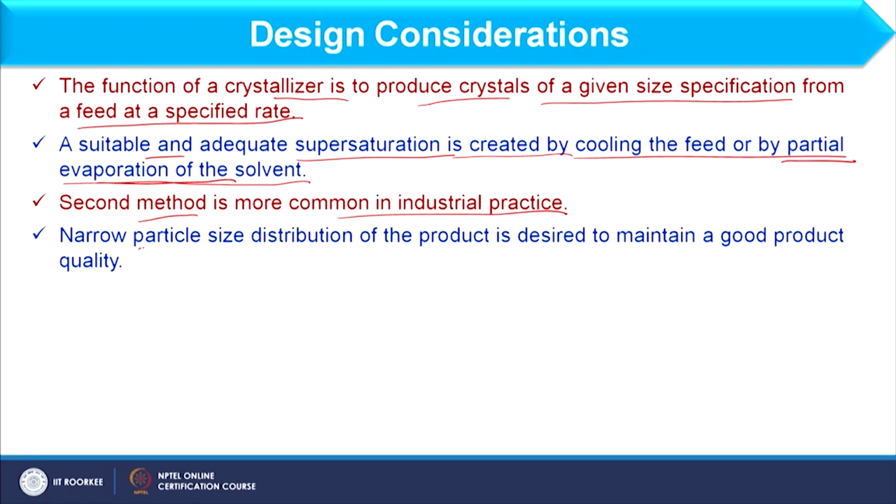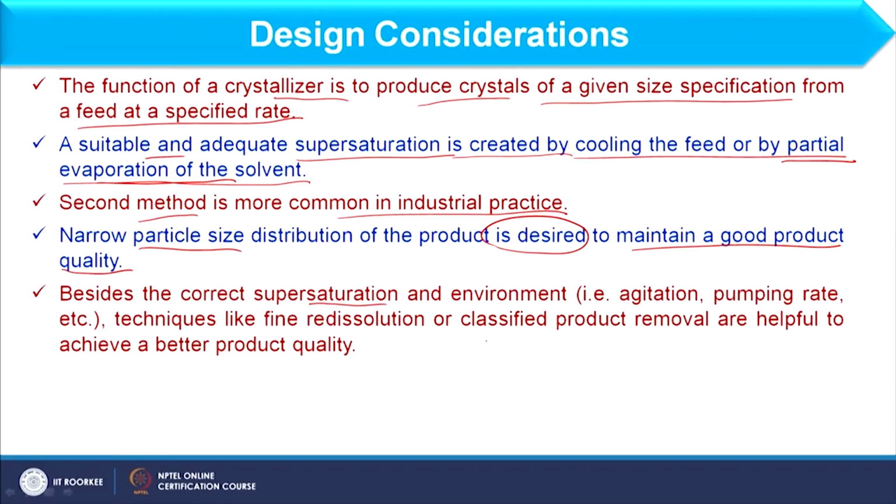A narrow particle size distribution of the product is desired to maintain good product quality. So, how do we check the quality of the product? The particle size available for the crystals should not be very wide in range. Almost the same size of crystal should be formed, then we consider that a good product.